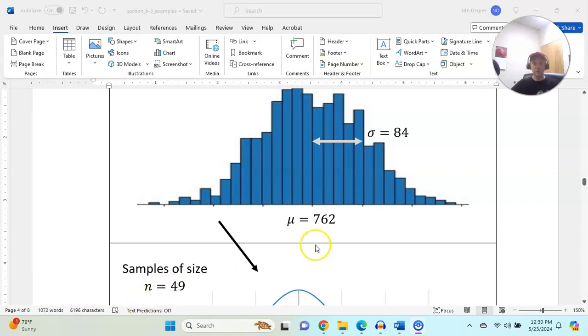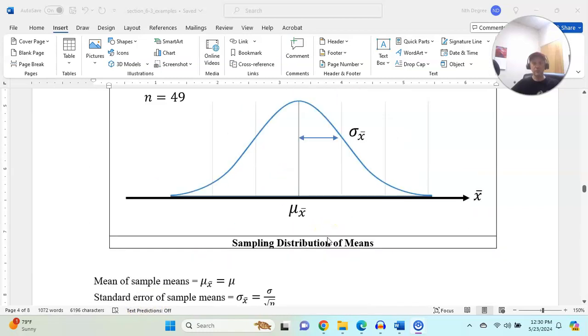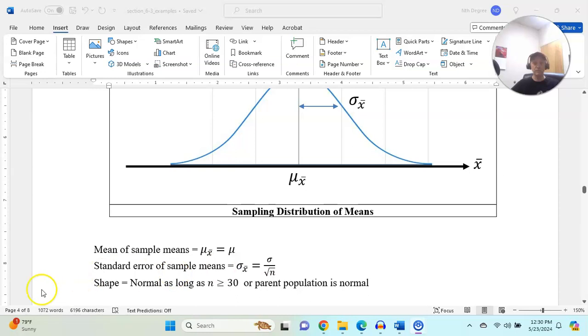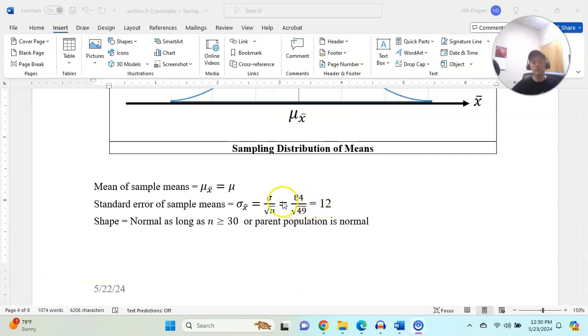The sample size n was 49. So we just have to plug those numbers into this little formula. Here I've plugged in sigma is 84, n is 49. The square root of 49 is 7. That's why I picked 49 actually, because it's simple. And 84 over 7 would be 12.